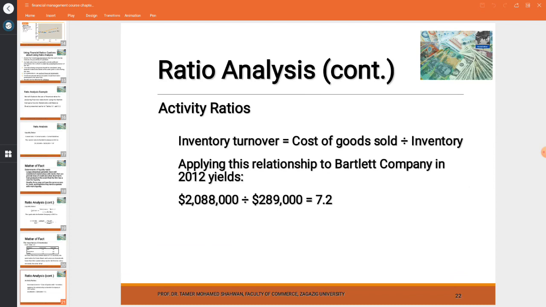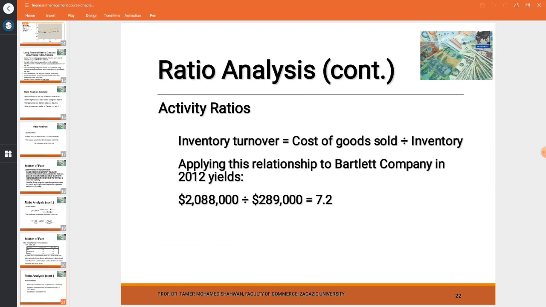This is the first part of my lecture: if you are interested to assess the short-term liquidity of a specific firm, this could be assessed using the liquidity ratios, which include the current ratio and the quick ratio.